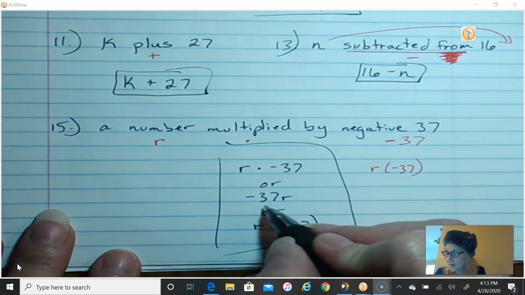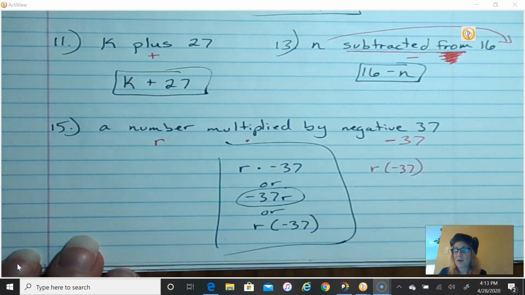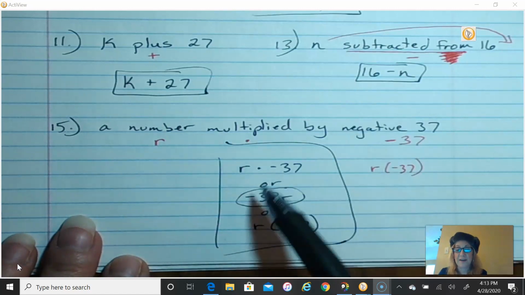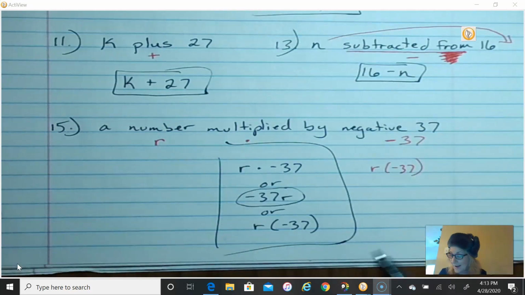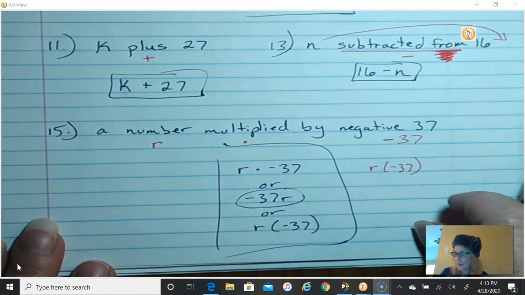It should be this way. The number comes before the variable, but I'll be just happy if you understand this stuff and get something similar. I'm not going to be mad about that or even take off. Just understand what you're doing. That's all that matters. I've got to quit talking so much.